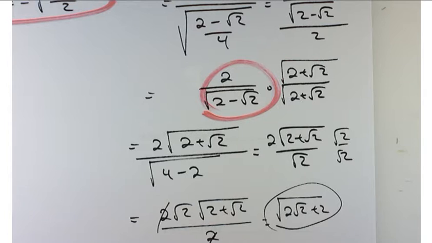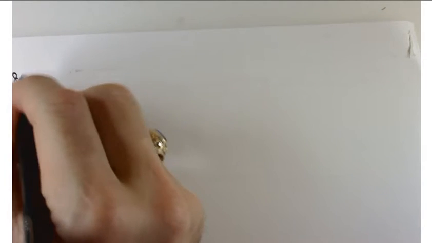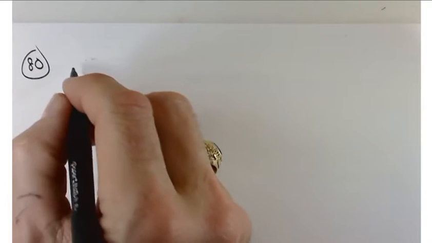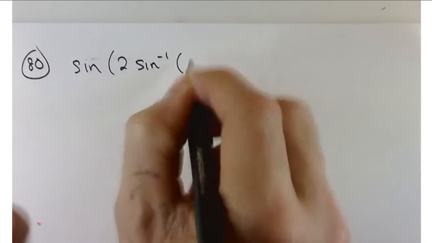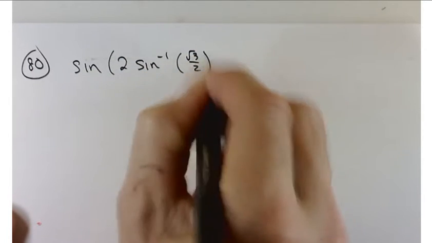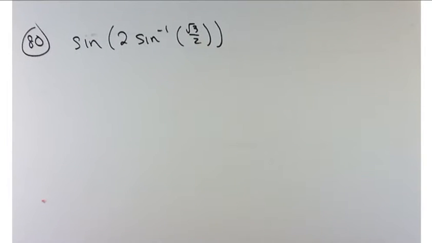Let's try problem number 80. Sine of 2 times the sine inverse of root 3 over 2. So really what you have here is a disguised version of stuff that we've just been doing.